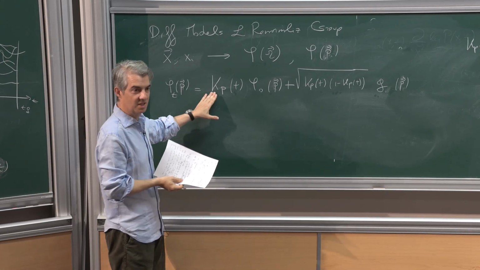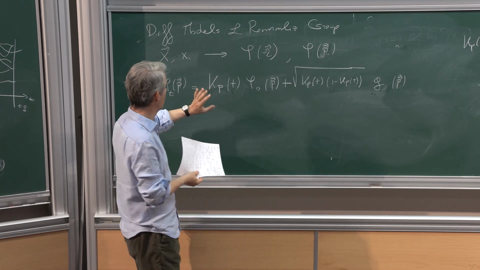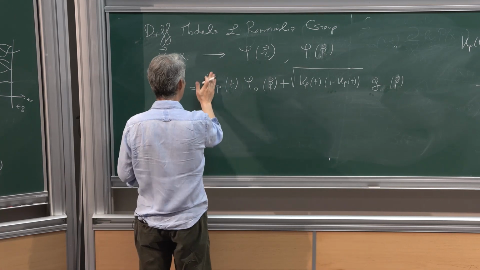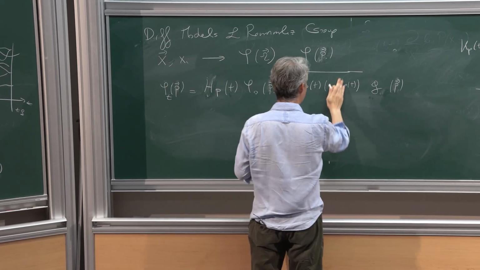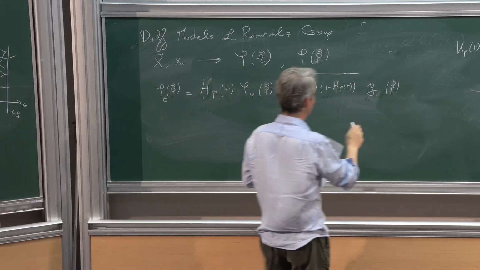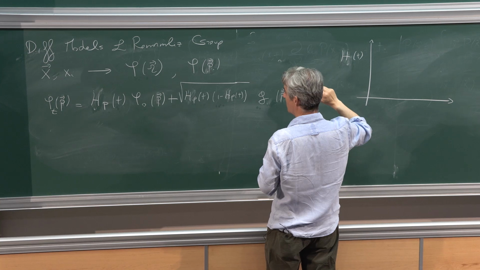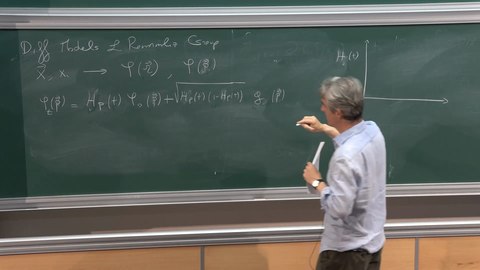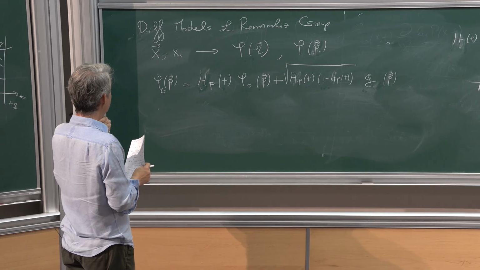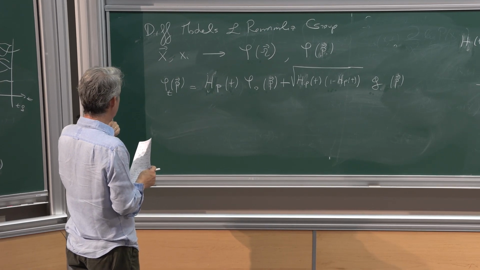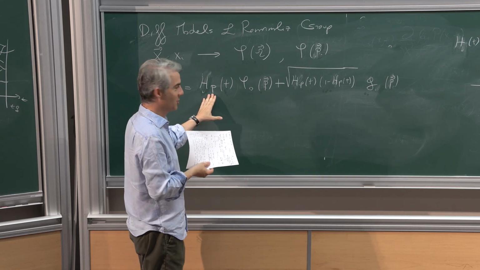Everybody uses this big K, but to avoid confusion, let me call the function H. H is a function of p and t, where p is the norm of the vector. That's fine, so this wasn't wrong.